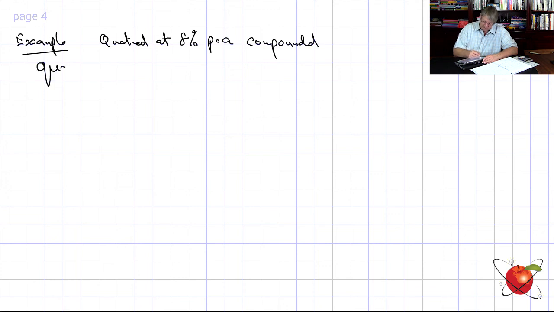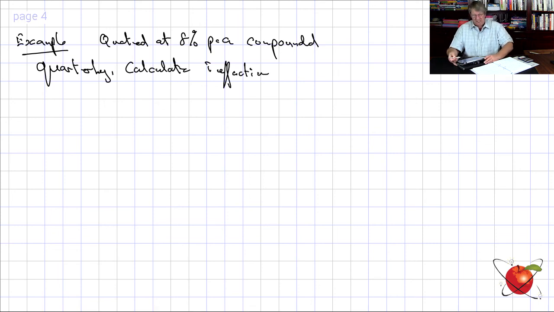Therefore, I say to myself, therefore, i is equal to, wait, let's just see. And they ask us, calculate the effective rate. All right, let's just put down here, calculate i effective. It's going to be bigger, isn't it?